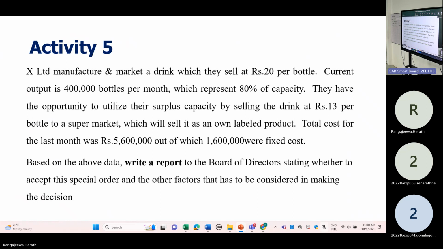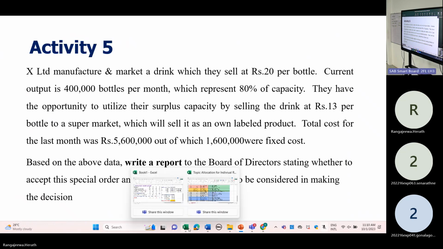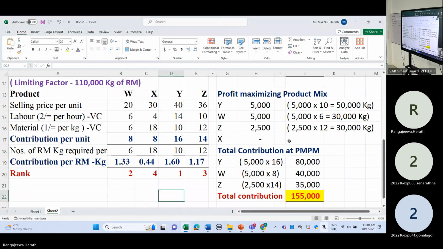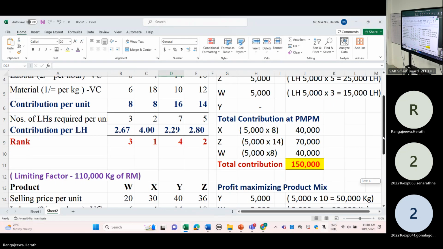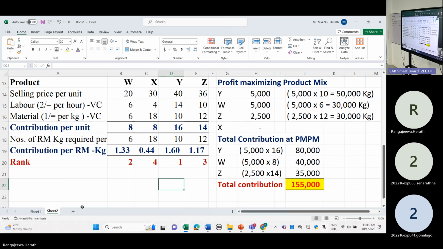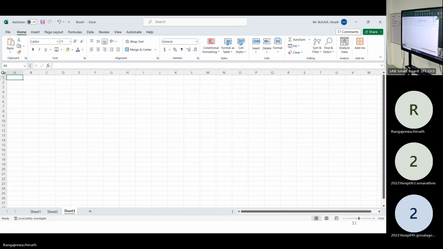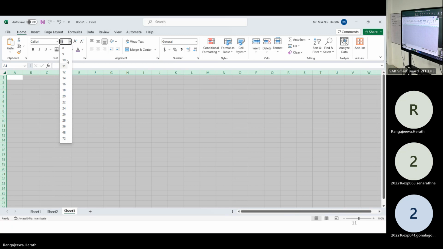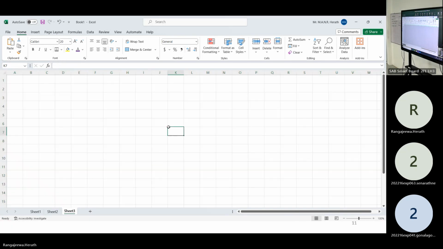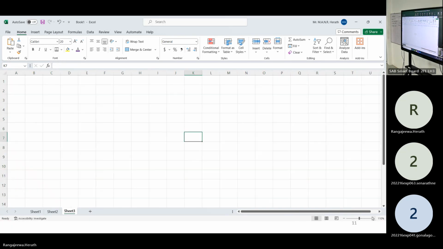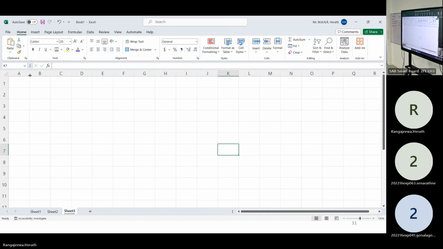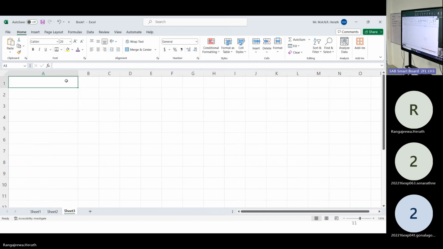First, you look at the financial perspective. Right. So the fixed cost is 160,000 per month.